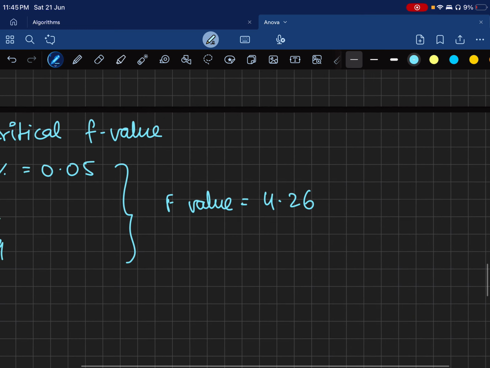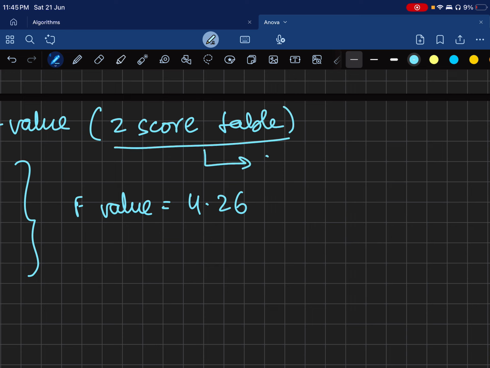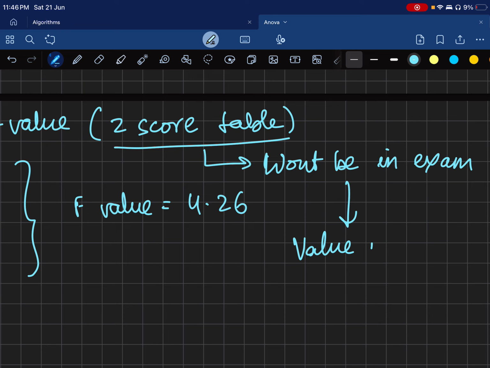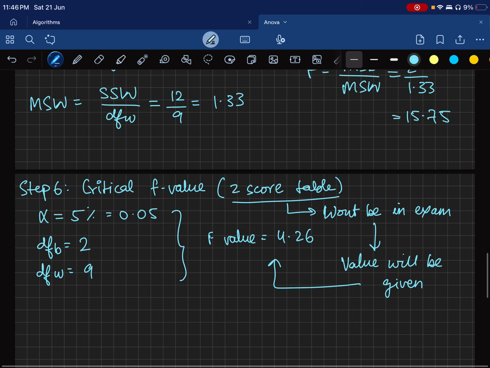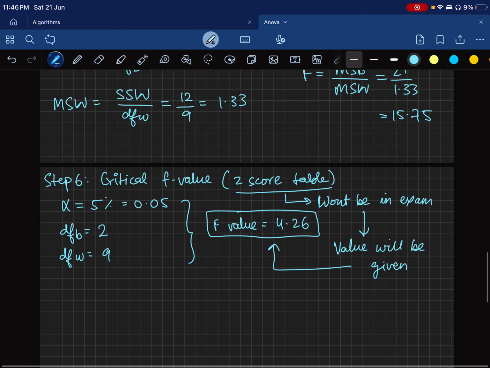See, this value usually you have to find from the F table, but sometimes it won't be given in the exam. So basically this F value will be given to you.